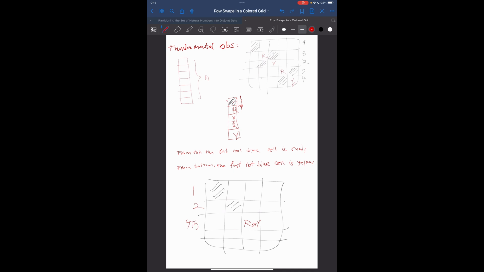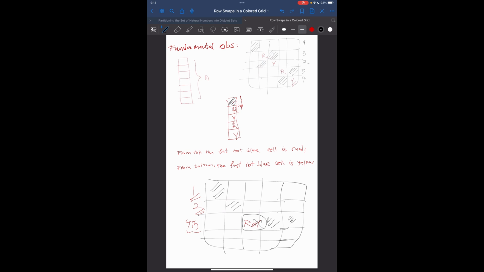Because I've already used 1 and 2. If it's either 4 or 5, that basically means it's either here or here. So the blue cell is either here or here. And that basically means this is below the line. And this must be red, right?